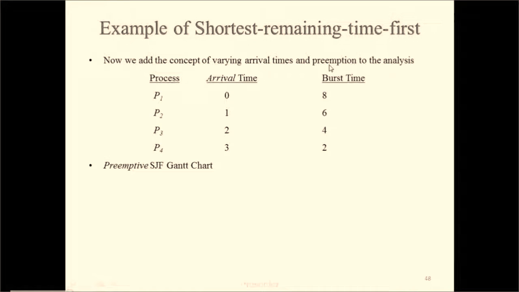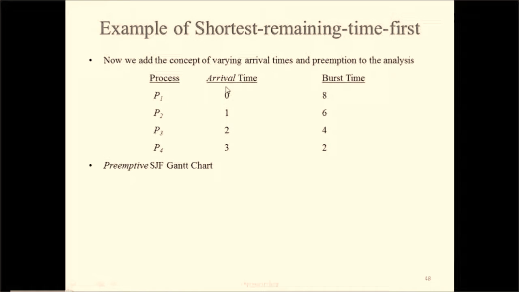Let's consider an example. Now we are adding the concept of varying arrival time, which is practical. All processes need not come into the system at the same time, they might come at different times. And now the system is recording their arrival time also along with the burst time.